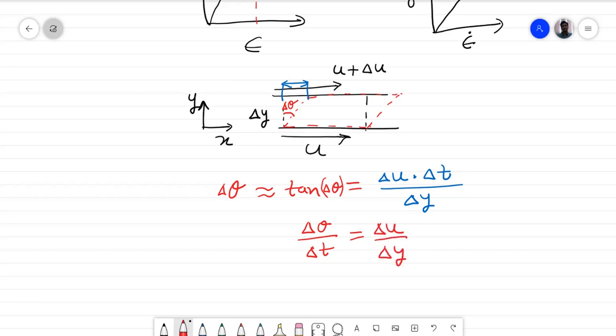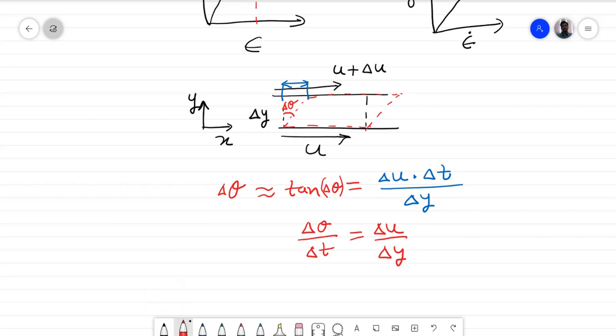And let us apply the limit that delta t approaches 0 and delta y approaches 0, so that we are talking about a point, essentially an infinitesimally small element, so that we define our strain at every point in the fluid.